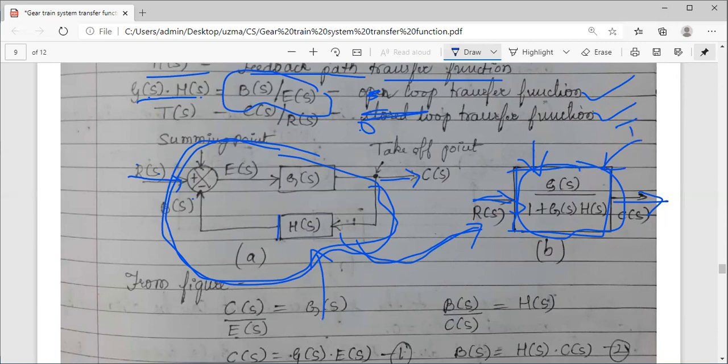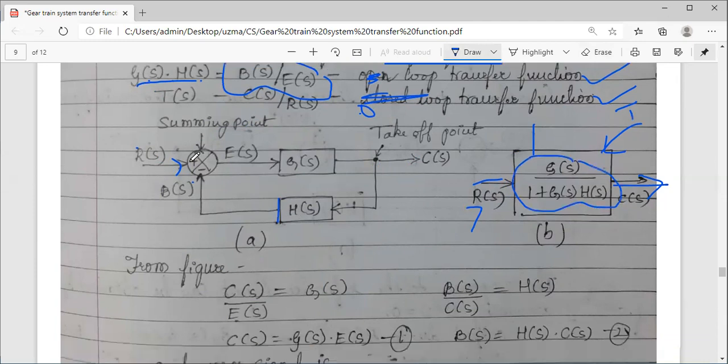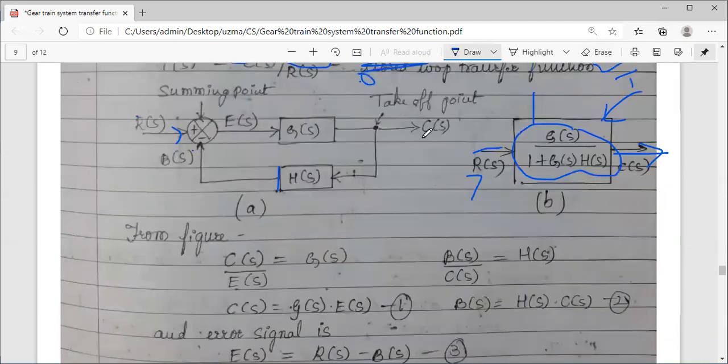Now I have to find the transfer function for a closed loop system. Already we have taken that concept, but still let us take one small recall of that concept. From this figure, let us go for finding the transfer function. The parameter I have written here, how I have got that. Now, from the figure, observe output by input.